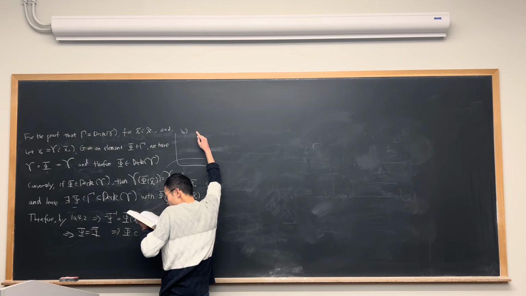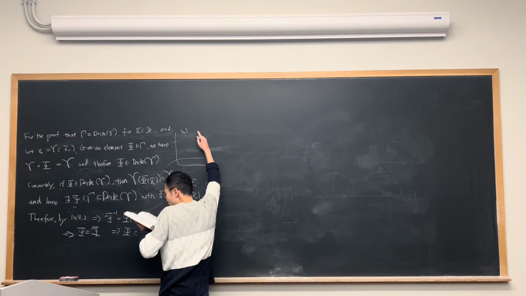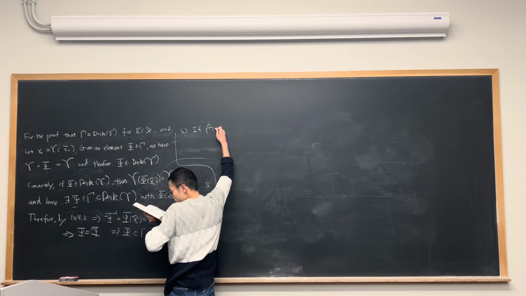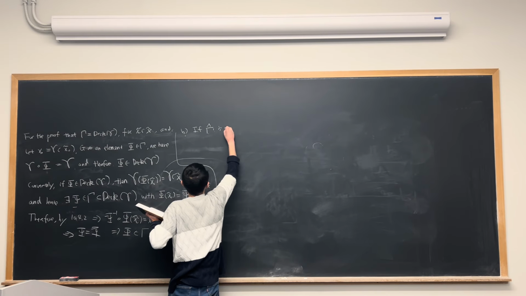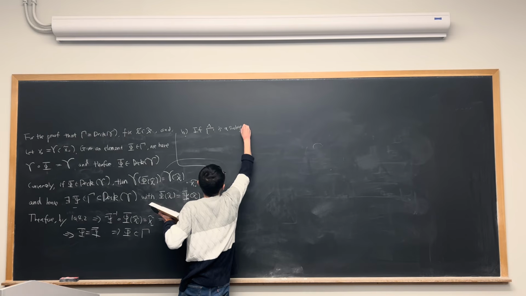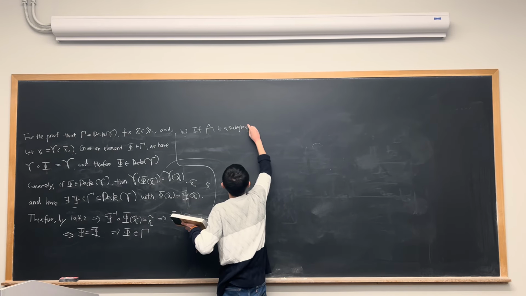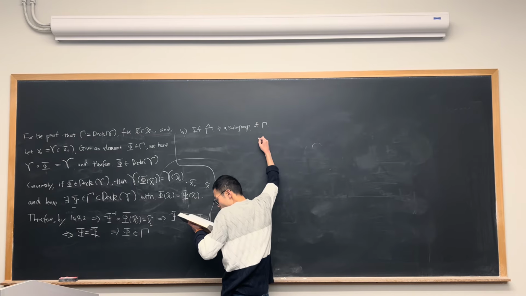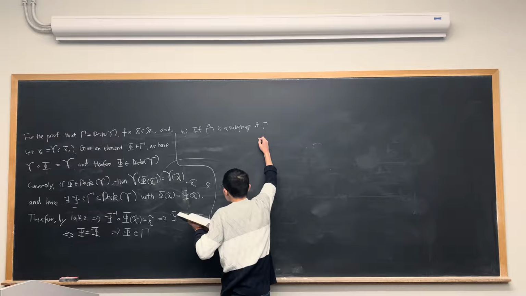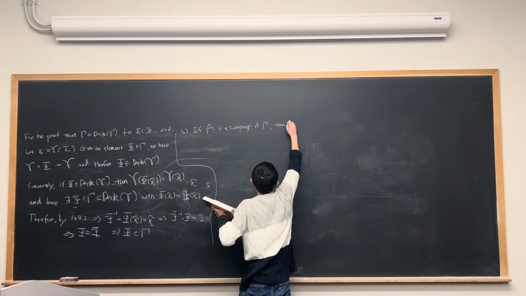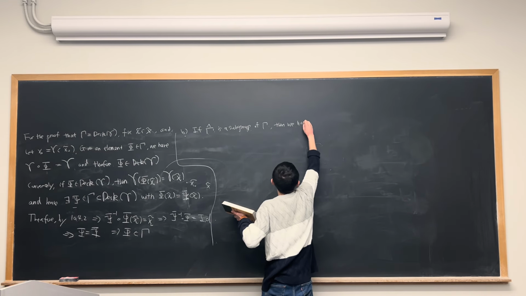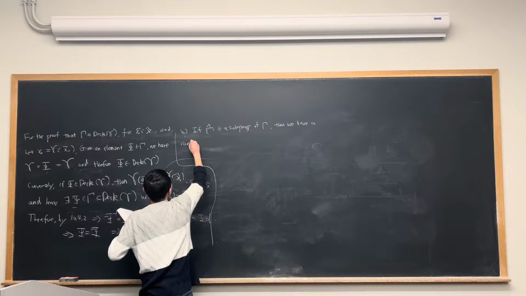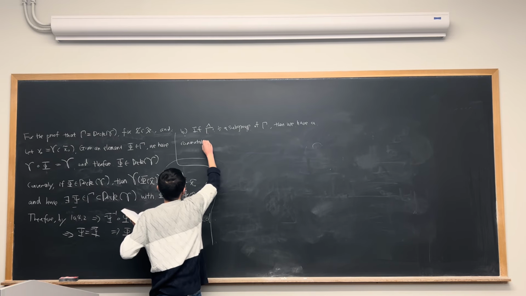We introduce another group called gamma hat, which is a subgroup of gamma. Then we have a commutative diagram.